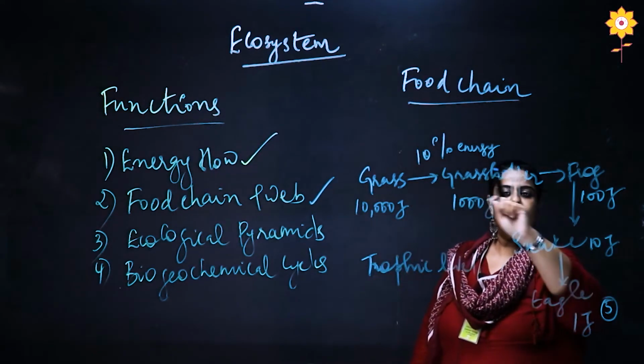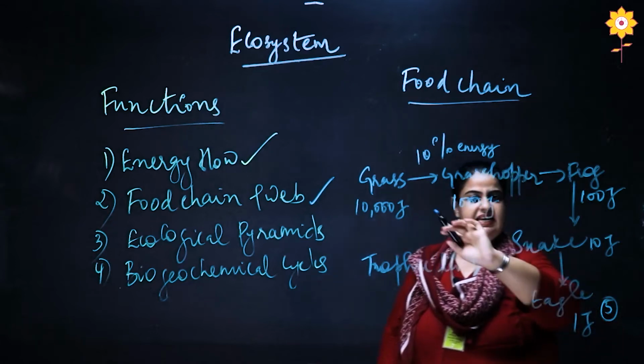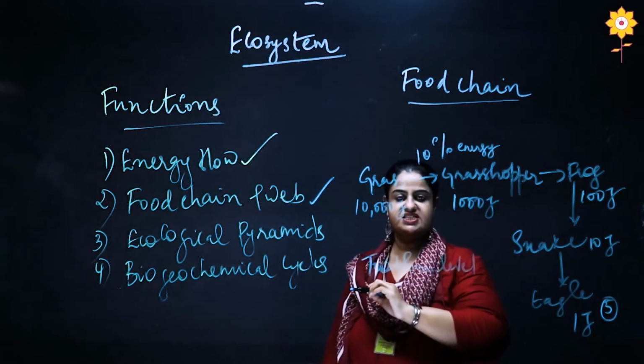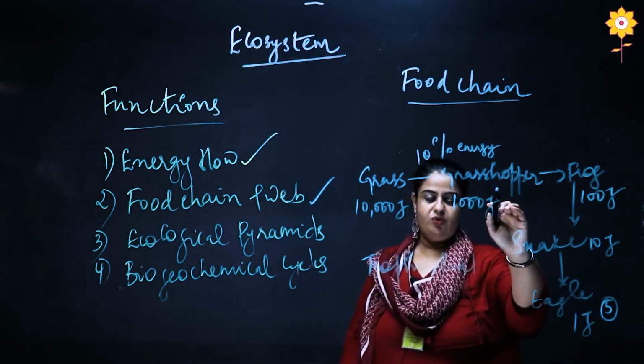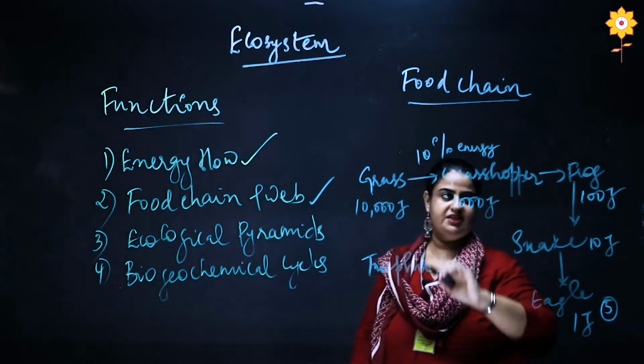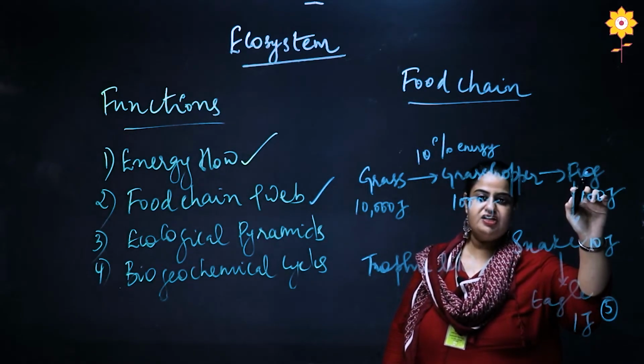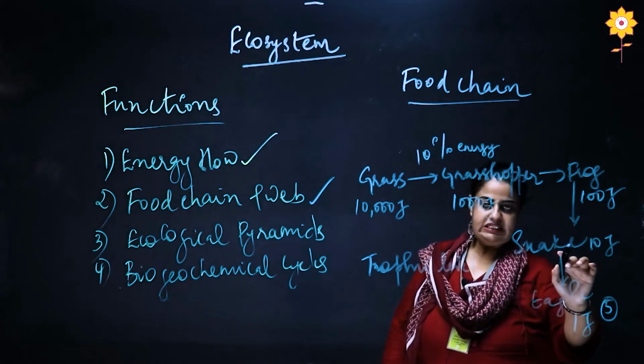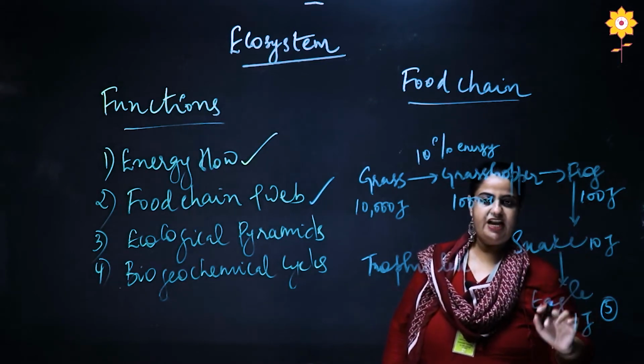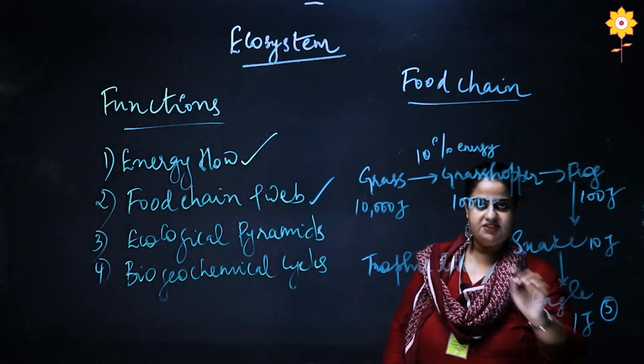Okay. When I represent this food chain, in this food chain, producer is the grass, herbivore or the primary consumer is the grasshopper, carnivore or secondary consumer is the frog, tertiary consumer is the snake, and quaternary consumer is the eagle.